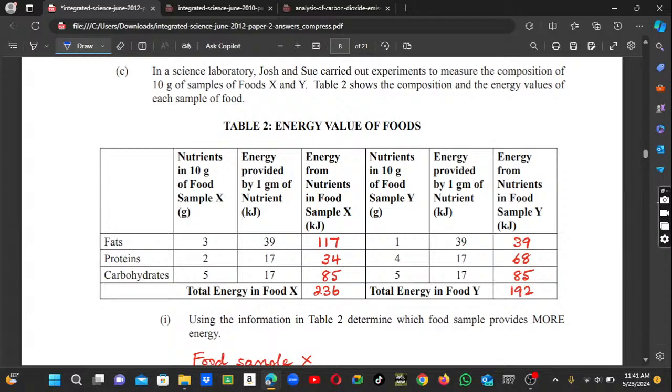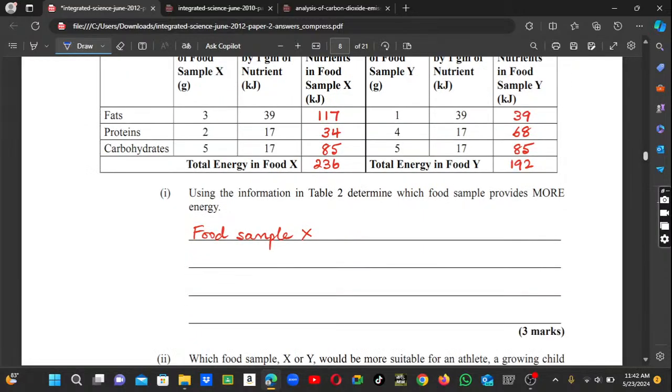So Table 2 shows the energy value of food, with the nutrients in a 10 gram food sample. Let me see what they are asking here. It says, using the format in Table 2, determine which food provides more energy.